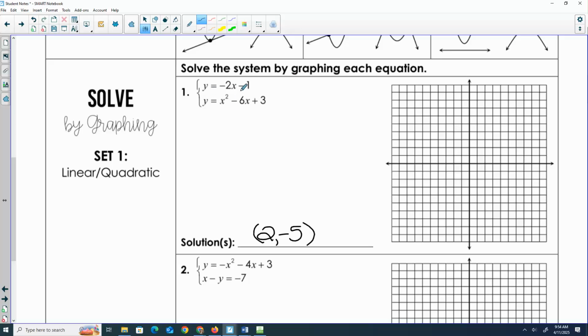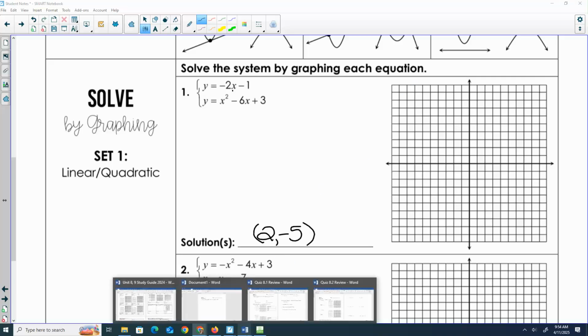If we were checking ourselves, what that means is when x is 2, y is -5, and that works for both. You could draw those graphs, so sometimes I might ask that you sketch the graphs. And we can certainly use Desmos to help us with that. It gives you everything that you need.